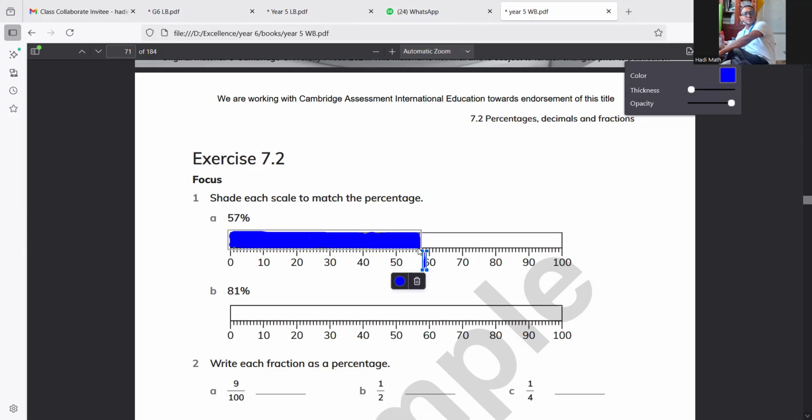Now we have the second one. They ask you to shade up to 81%. You need to see where is 81%. It is up to here. Then you shade up to 81 with the same idea. You keep shading it up to 81.